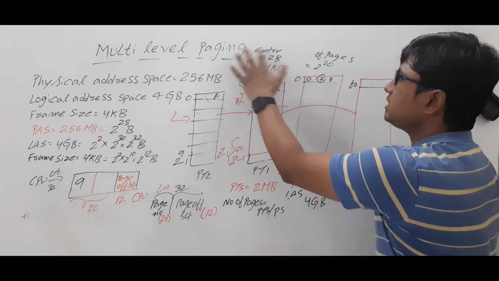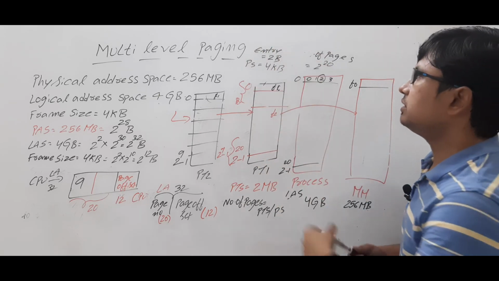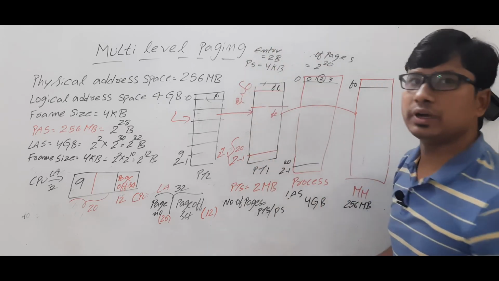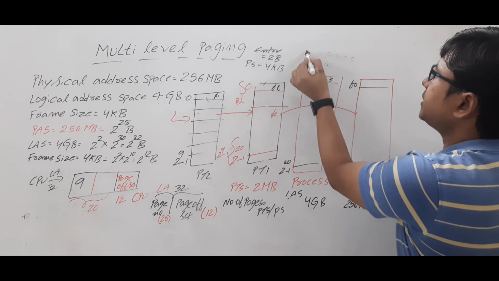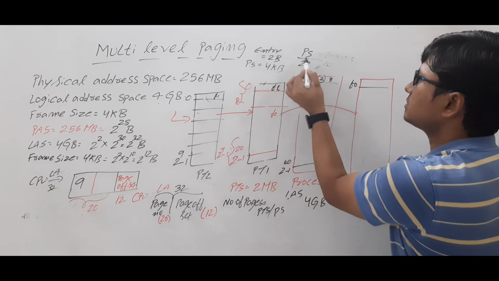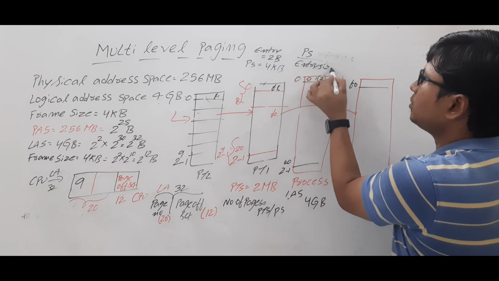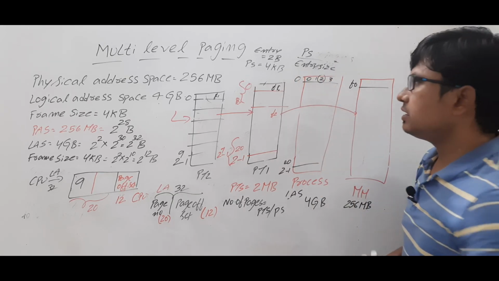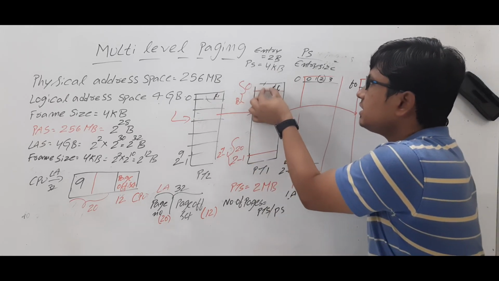So if the page size is 4 KB and each entry size is 2 bytes, then the number of entries in this one will depend on what? It will depend on page size by entry size. I hope you are able to follow with me, because this page size is 4 KB. Now each entry is 2 bytes.